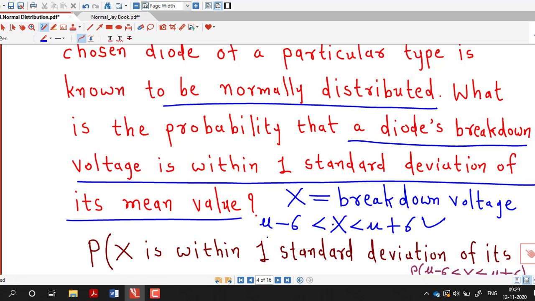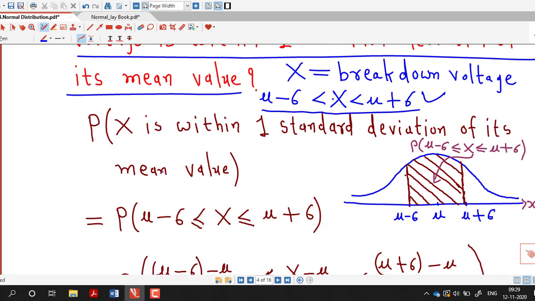If capital X is in this interval, then we can say that it is within one standard deviation of its mean value. So the probability is nothing but the probability that capital X lies in the interval mu minus sigma to mu plus sigma.